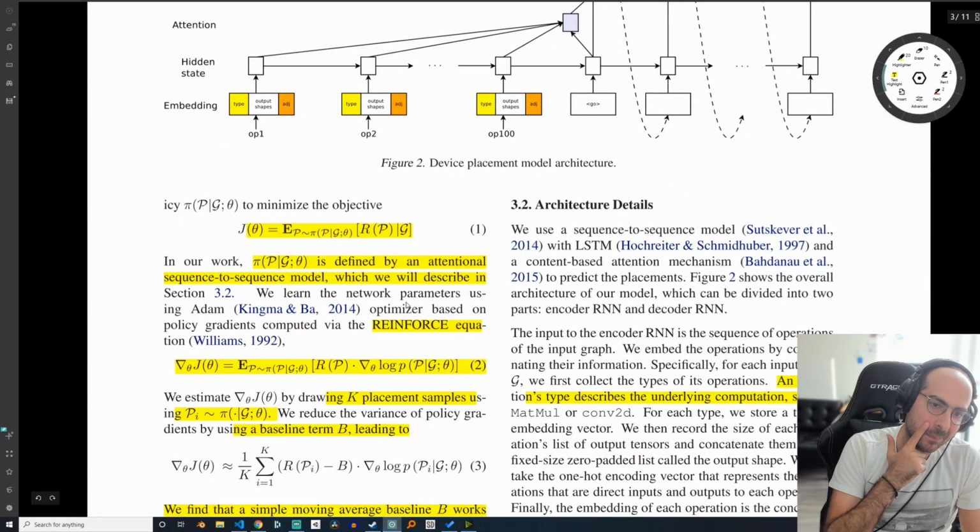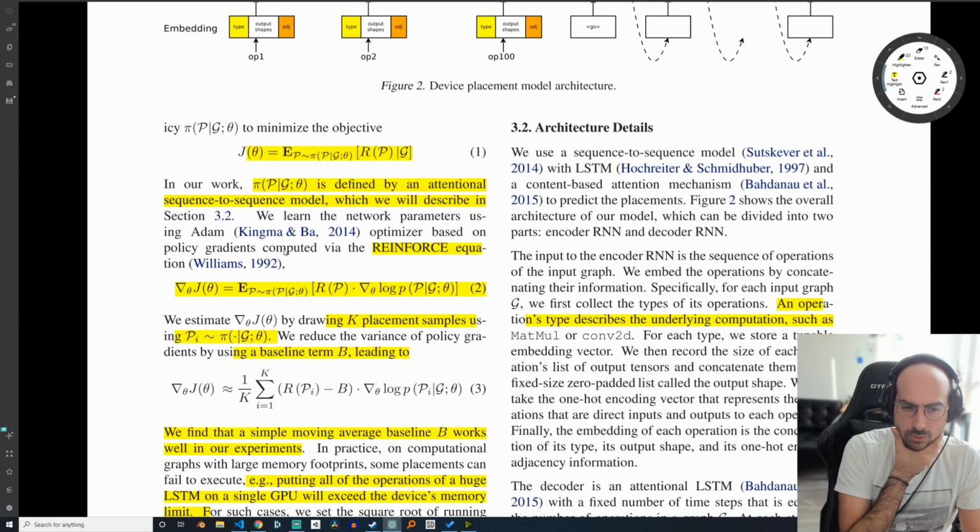And so the expected running time of the algorithm given the placement, such that the placement is generated by a policy which takes in the placements and gives you a running time. I see. Oh, like an estimate for it.